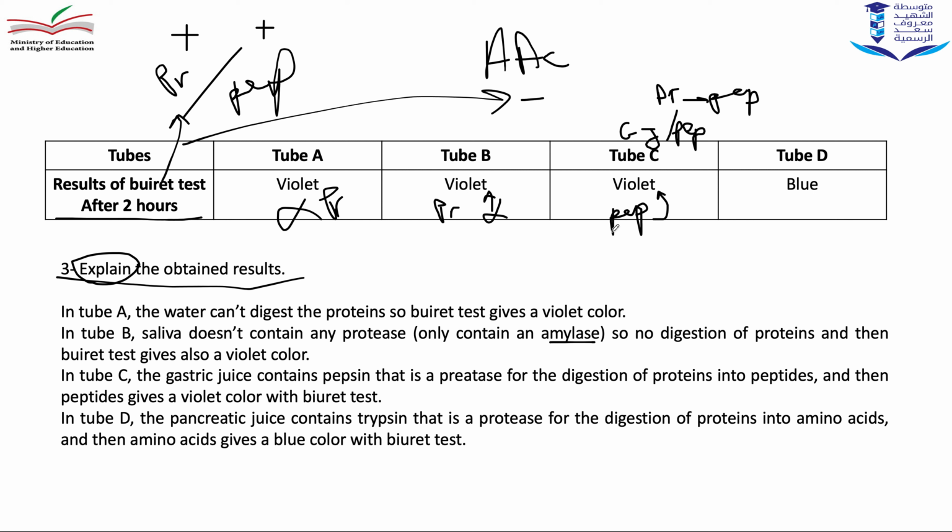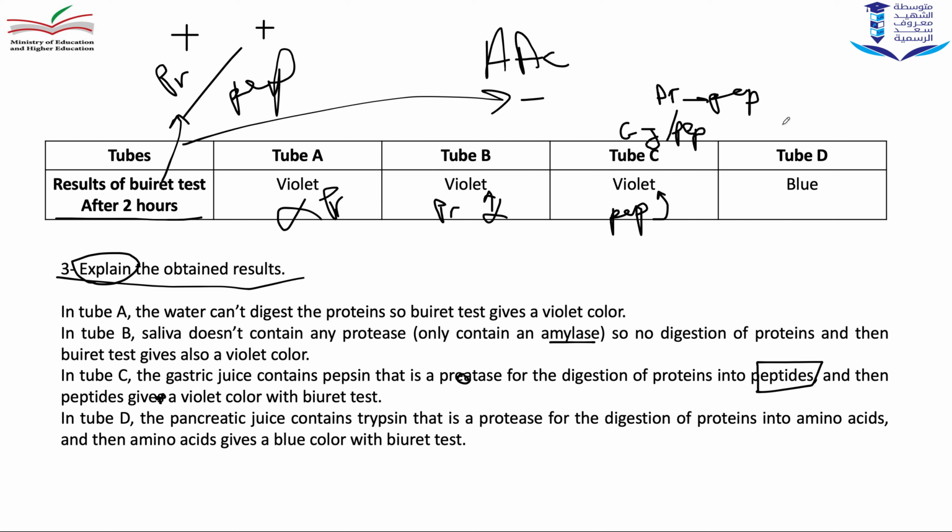Violet. So again in tube C, the gastric juice contains pepsin, that is a protease for the digestion of proteins into peptides. So I have peptides, and peptides give violet color with the biuret test.